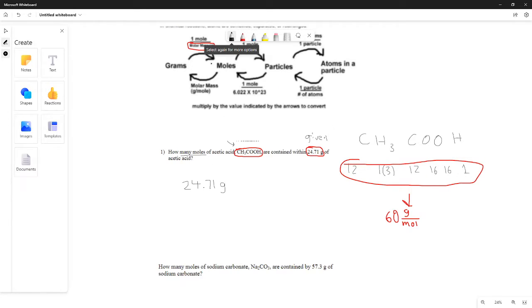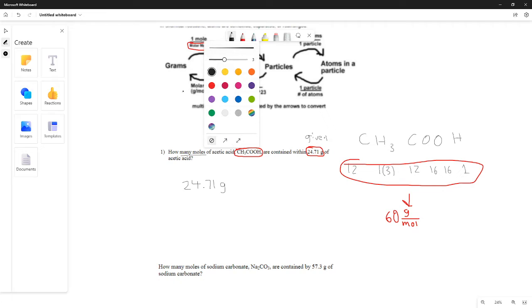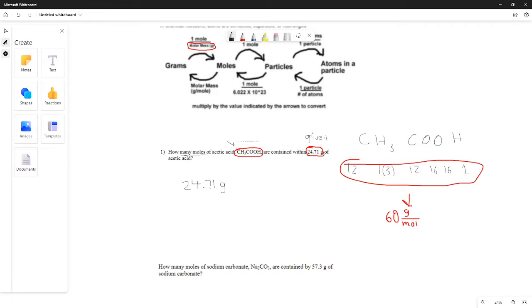But to get to moles, we're given the gram value, so we can multiply by 1 mole over just 60 grams. And this will give us the amount in moles. If we cancel the grams, we get about 24.71 over 60.